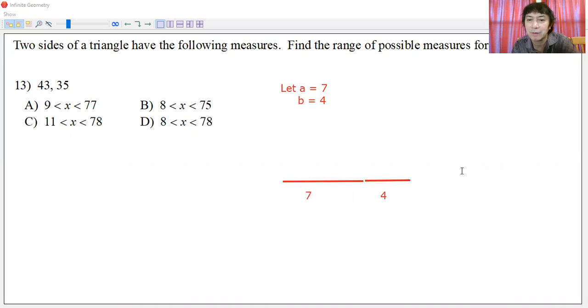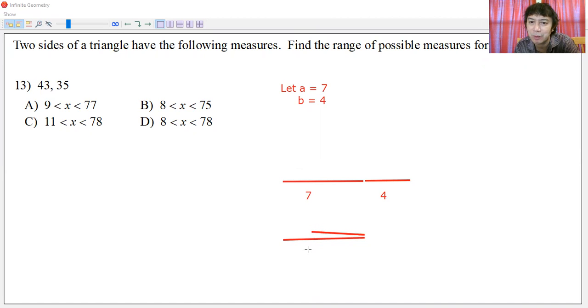If you try to swing the shorter side, you can have something like this. The 7, and the 4 going over there.